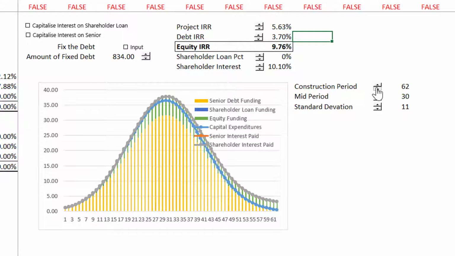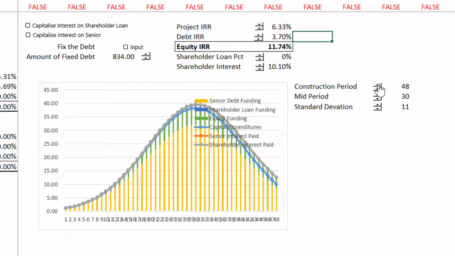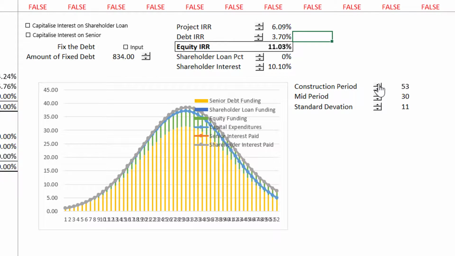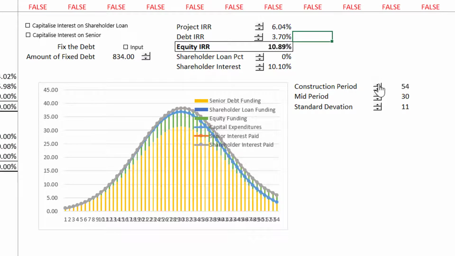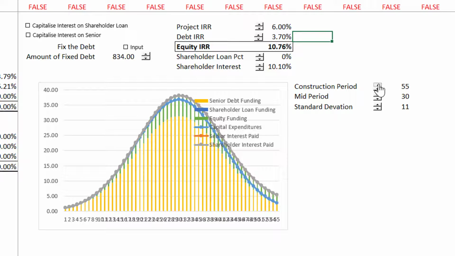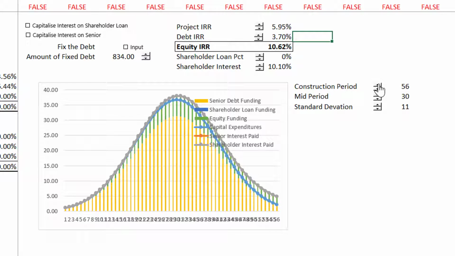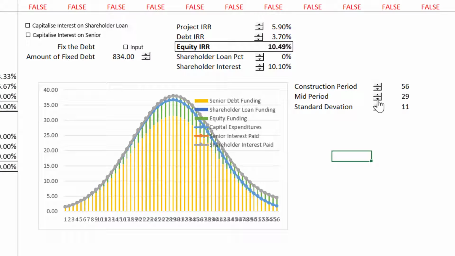All right, and let's push the construction period back here. Oops. Sorry about that. Okay, now we get a little bit higher project IRR, and I can't see the graph as well, but so what? Okay, I'll push it a little back. I'm wasting time now, but whatever.